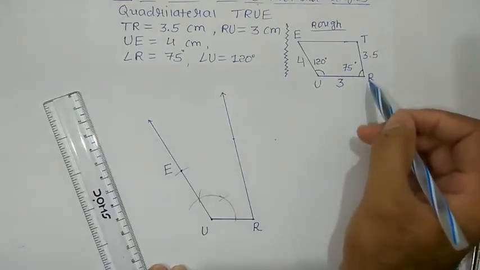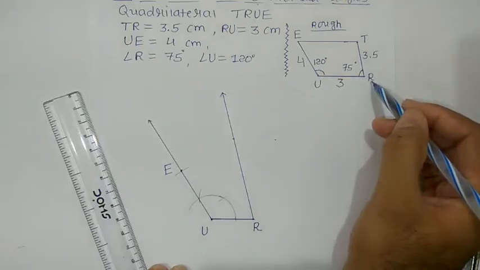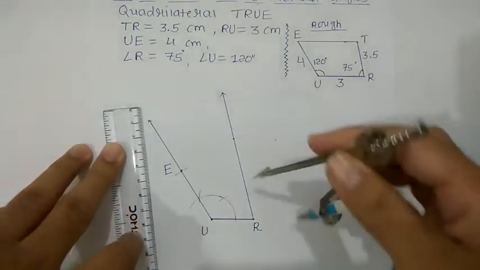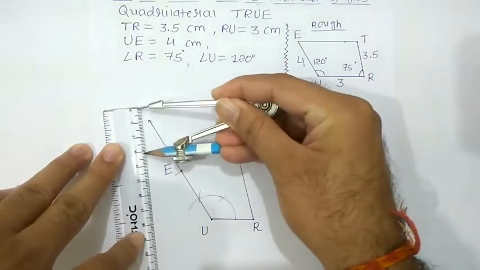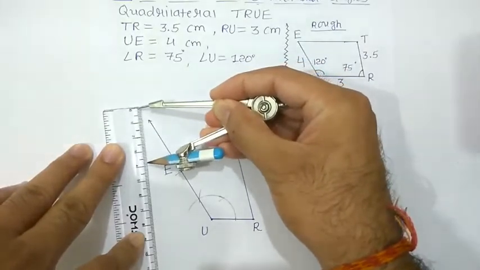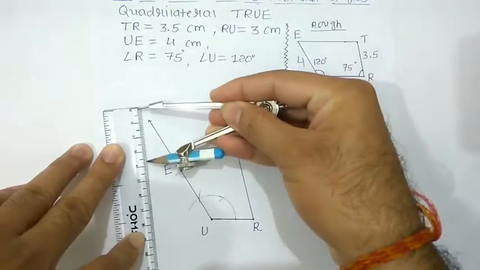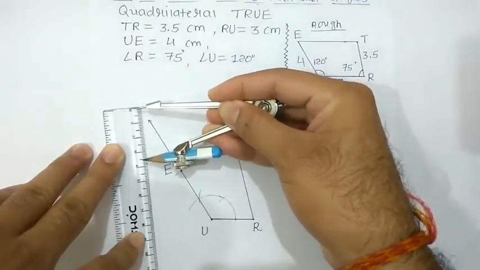Now this T is at 3.5 centimeter away from the R point. So how can we do this? In two ways. First of all, we have to measure 3.5 centimeter on the compass. This is 3 and this is 3.5 centimeter, right?